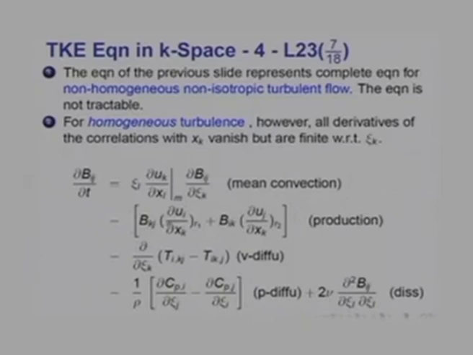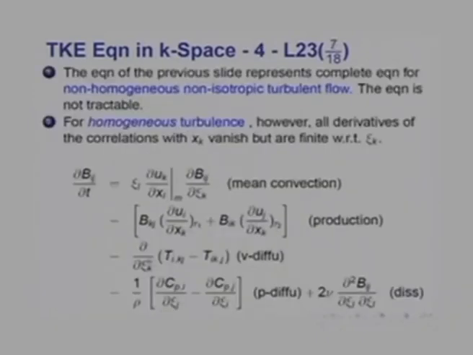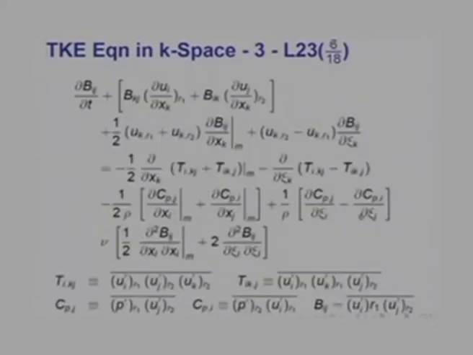Remember, the product of stress multiplied by rate of mean strain gives you the production term. Then D by d psi k of tau ikj minus tau ikj, as you will see, is this term, and that is the diffusion of Bij due to velocity fluctuation.